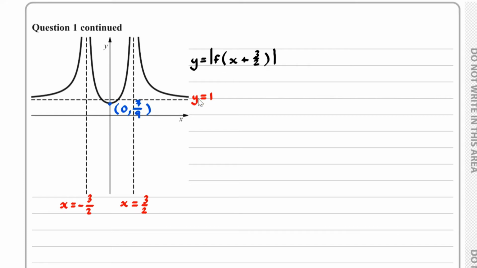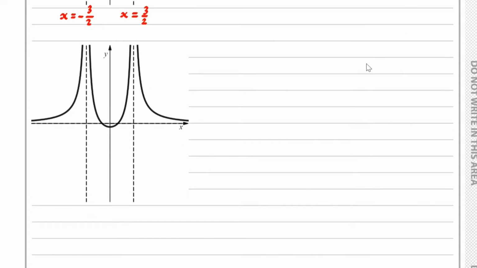But now what we need to do is shift this graph 1 unit down. And here is the result of that. So our asymptotes, we have x equals negative 3 over 2, and here we have x equals positive 3 over 2.